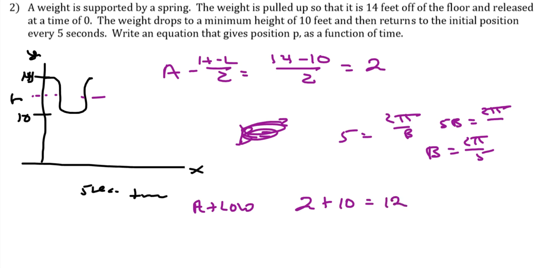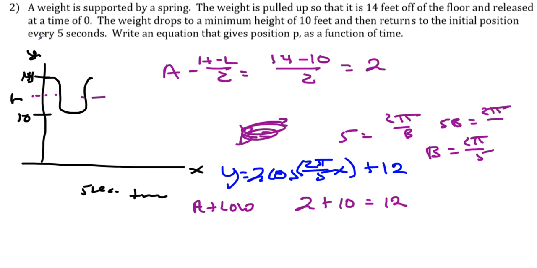So we write our handy dandy function: y is equal to 2 cosine of 2 pi over 5 x plus 12. There we go.